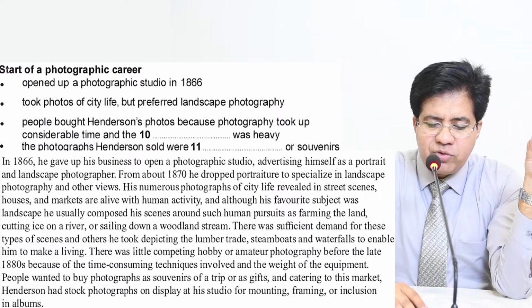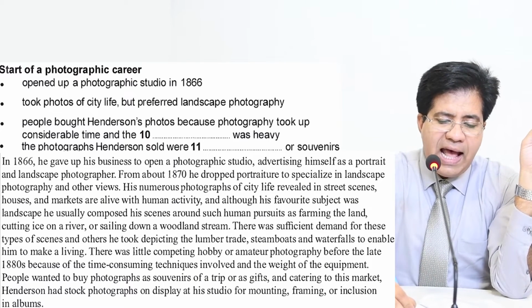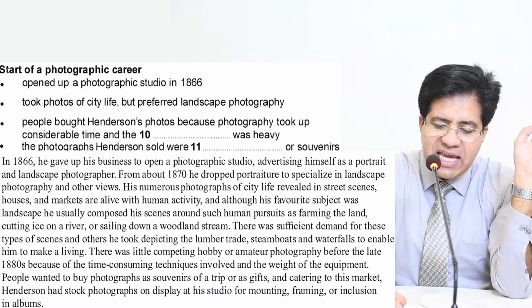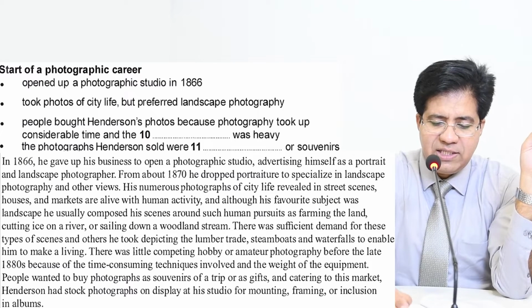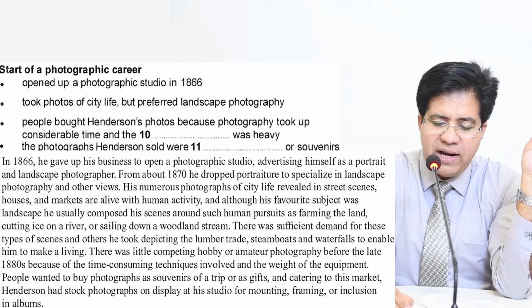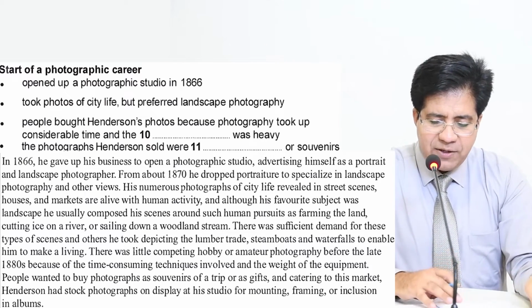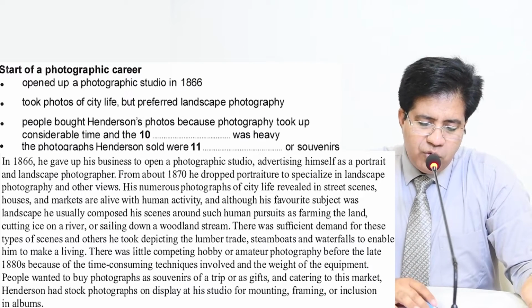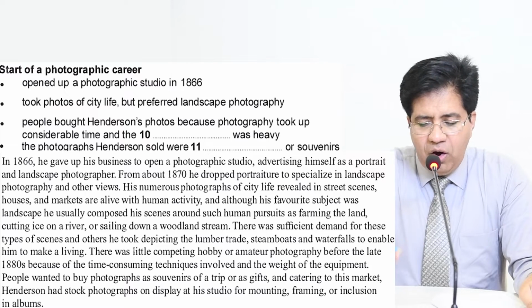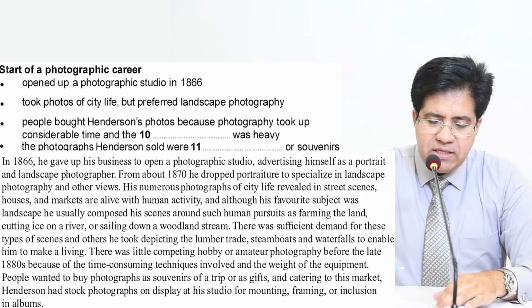People wanted to buy photographs as souvenirs, one thing of a trip, or, now after or, you have your answer, as gifts and catering to this market. Okay, photos or souvenirs of a trip or as gifts and catering to this market. Now come back. They use the word souvenirs. So the photographs Henderson sold were gifts or souvenirs, which is already written. So correct answer is going to be gifts. Okay.